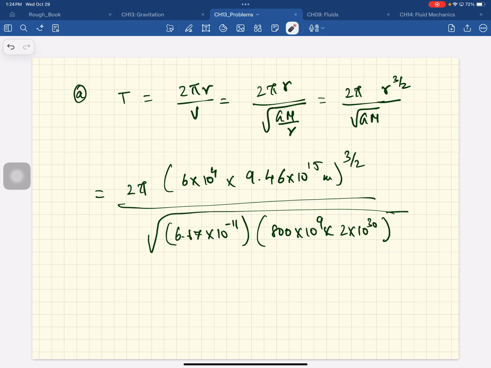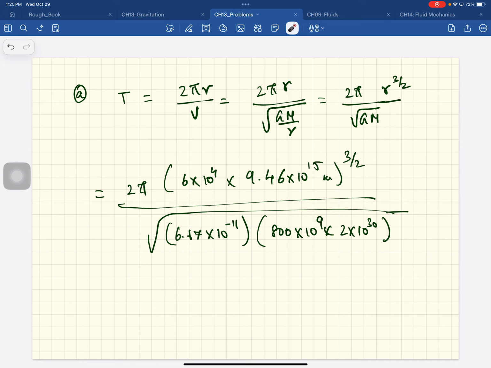So let's take care of powers of 10. Okay, again, 41 minus 11 is 30. Square root of that is 15. So 10 to the 15.